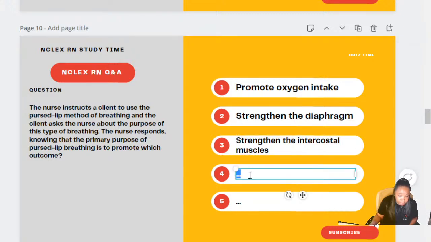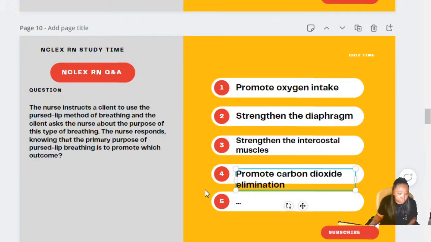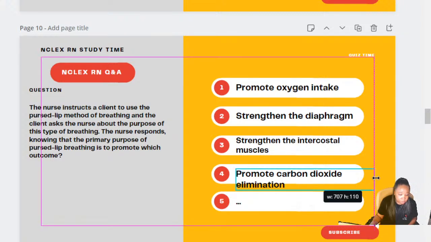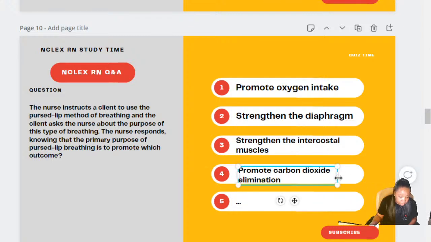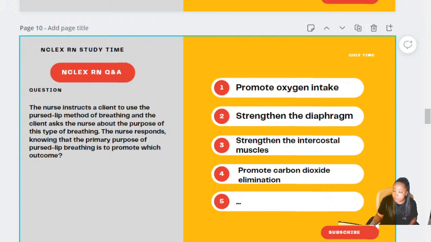And then the last answer says to promote carbon dioxide elimination. So which one do you guys think is the best answer?